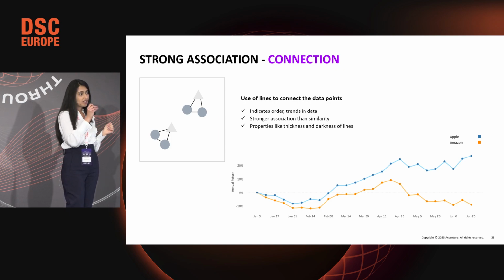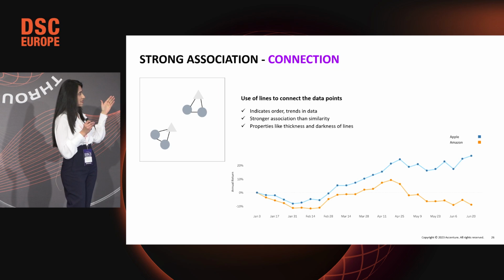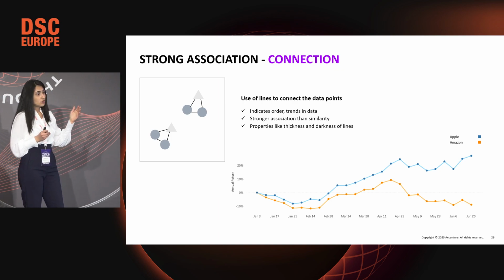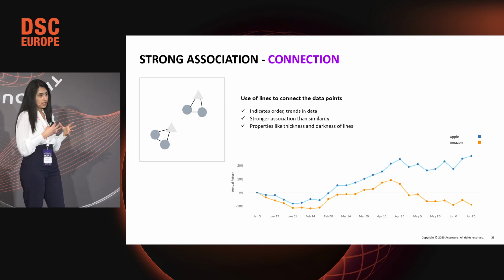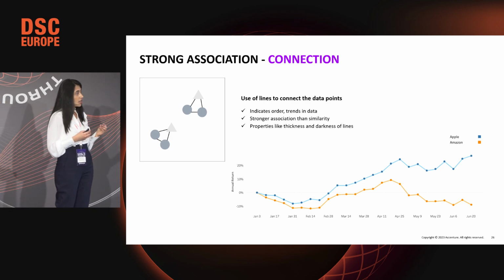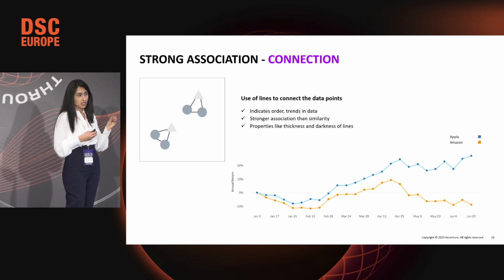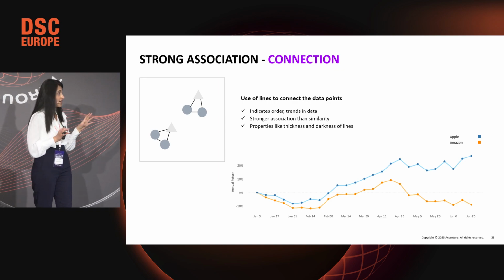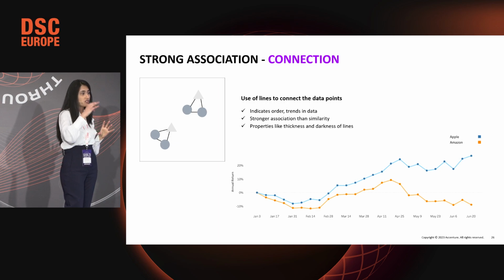If I did not have this line between the data points, you would just say that there are two distinct groups with no trends between them. But due to this line, we see that there is a rise or fall in the annual returns between these companies. So a strong association can be indicated with this principle of connection, which takes you one step further than similarity. Also, you can play with properties like thickness or darkness to show the degree of the association, maybe strong or less.